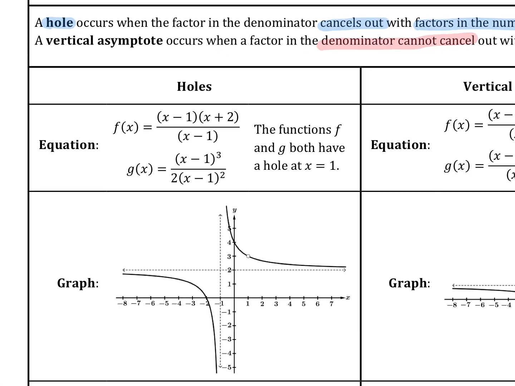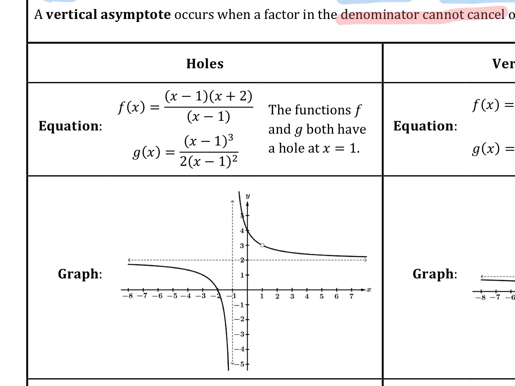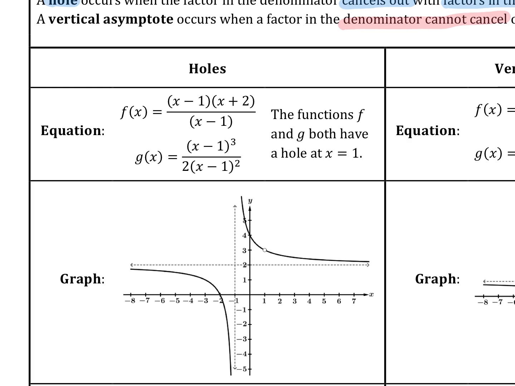Okay, holes. Let's look at this example, f of x and g of x. If we look at the denominator and the numerator, we can cancel these two. This one and this one are going to create a hole. Another thing is on the g of x, we can completely cancel this one, except that there's going to be one factor, x minus 1, left.